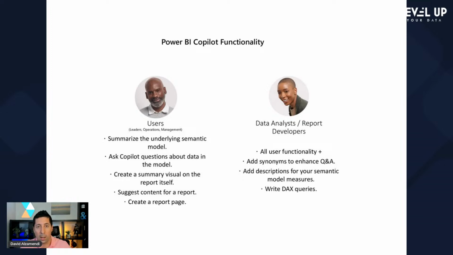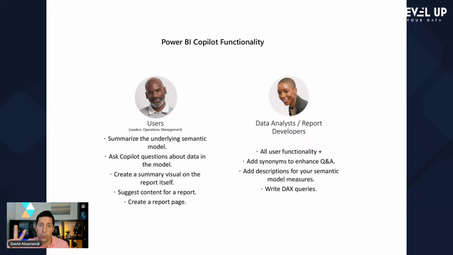So when you look at Microsoft Power BI Copilot, there are two main personas. On one hand, we have the users, the report consumers, and on the other hand, we have the people creating the reports and doing most of the analysis. You can think report developers, data analysts, BI developers, so many names for a set of skills that is trying to get more insights from the information.